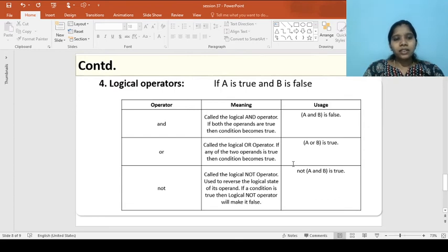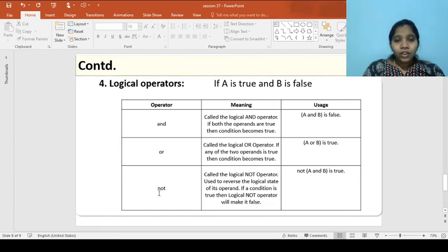The last type of operators in PL/SQL is logical operators. The logical AND operator always gives a true value only when both the operands are true. The logical OR operator gives true if any one of the operand values is true.